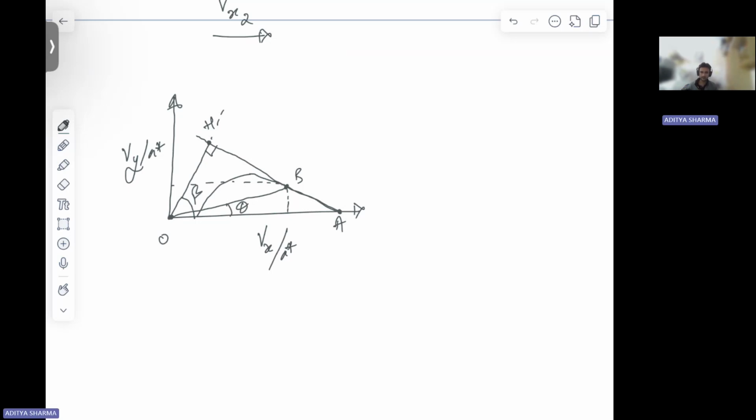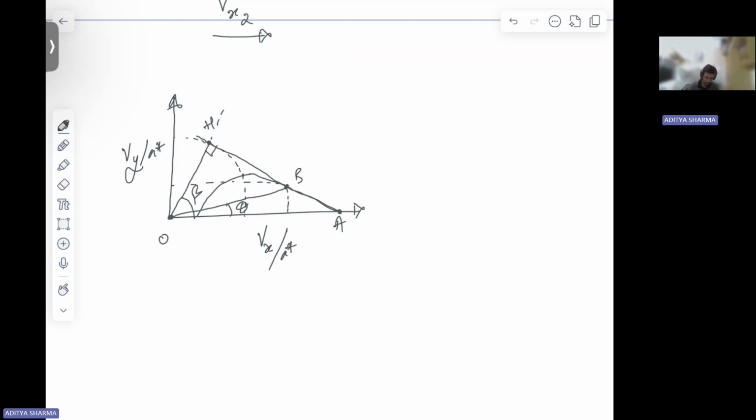Then another thing is there, which is your sonic circle. So what is with the sonic circle? All the velocities, or all the oblique shock solutions.